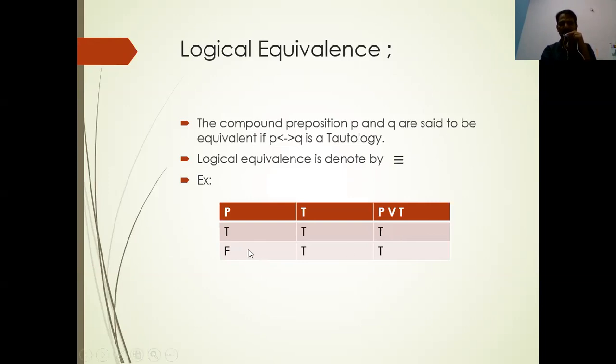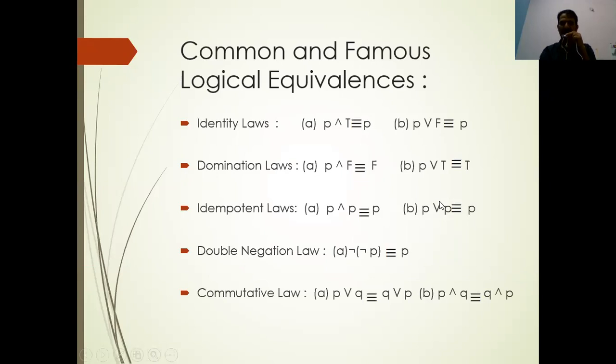Similarly, if P is false, T stands for true only. One is false and another is true, but P or T is always true. So these two are true only. Therefore this compound statement is a tautology. If the compound statement is a tautology, then P or T and T are equivalent.